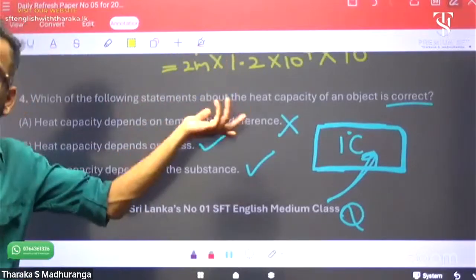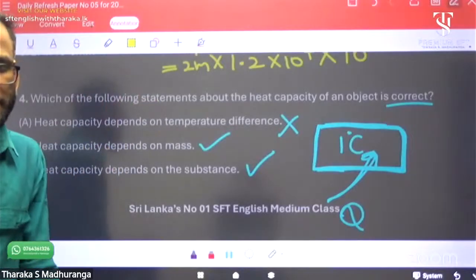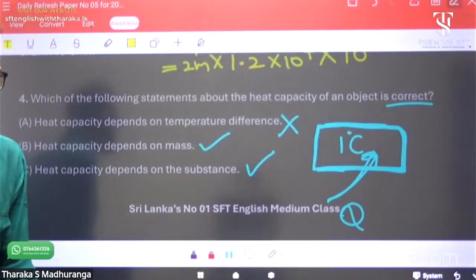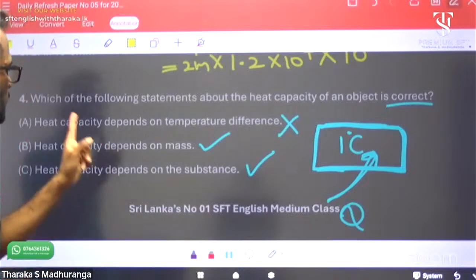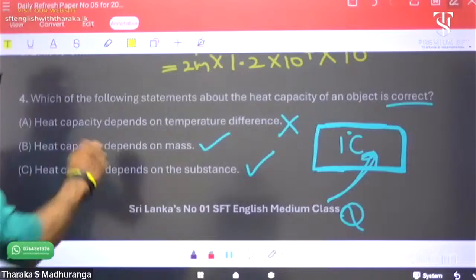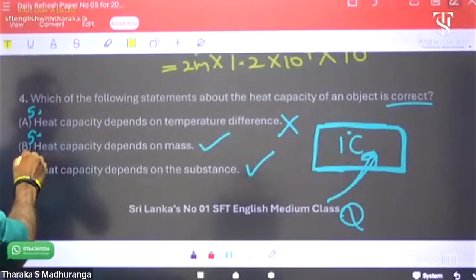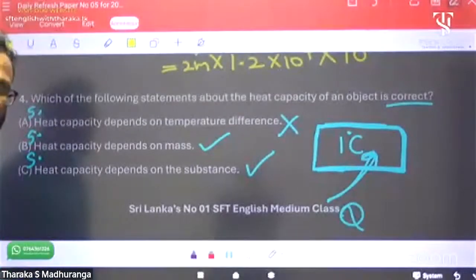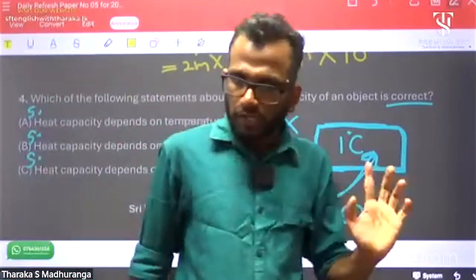If you get a specific heat capacity, Fatima, what do you think? What is the answer? Now specific heat capacity. Fatima, does the specific heat capacity depend on temperature difference, correct or wrong?